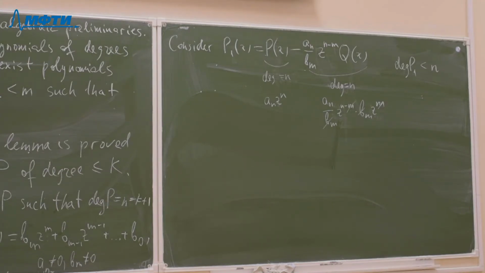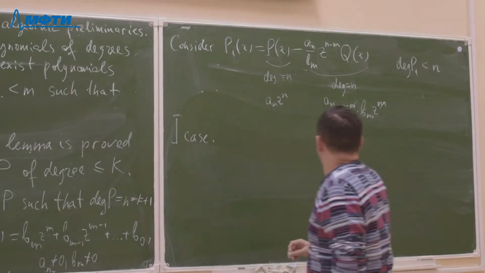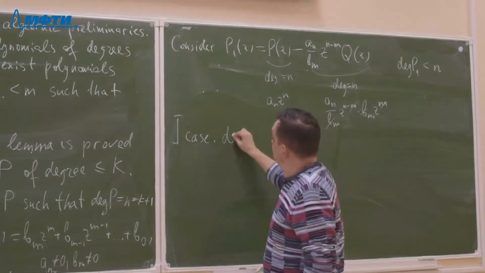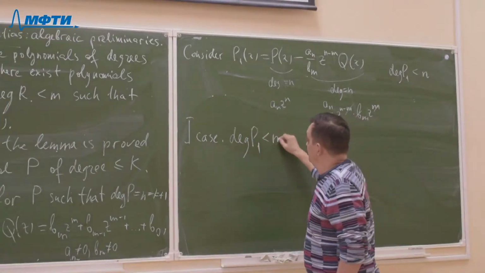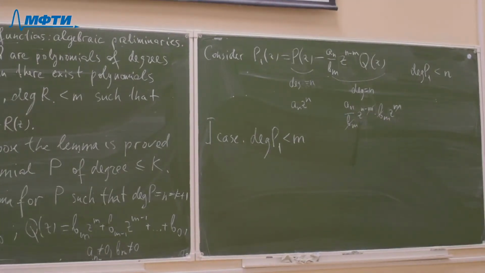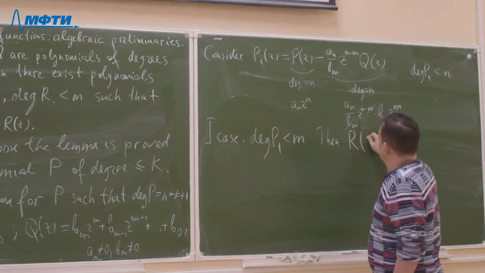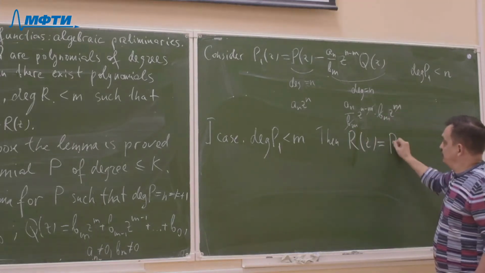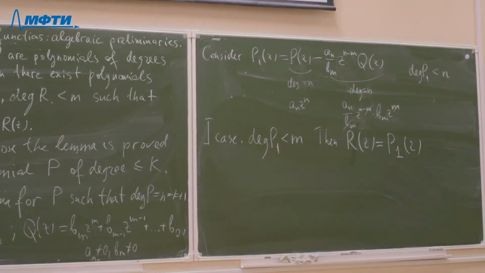Then what can happen? There are two possibilities. So first case, which is easier, if the degree of our polynomial is strictly less than m, then we stop. Why? Because then R of z equal to just our P1 is suitable. Why?